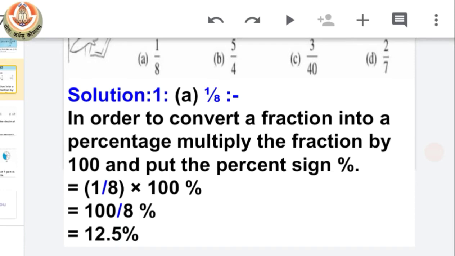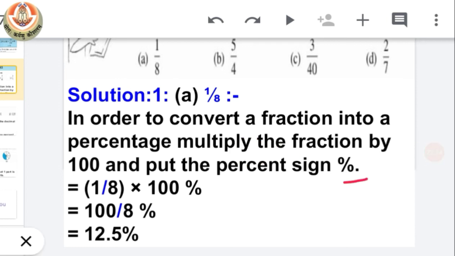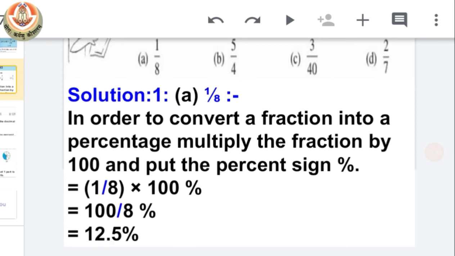In order to convert a fraction into a percent, multiply the fraction by 100 and put the percent sign. So when we multiply 1 by 8 with 100, we get the answer 12.5%. Do a similar thing with the other parts also.